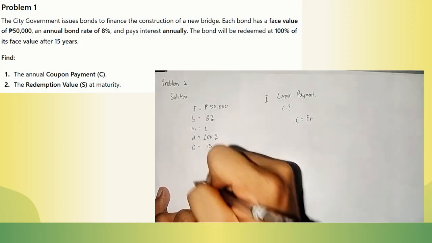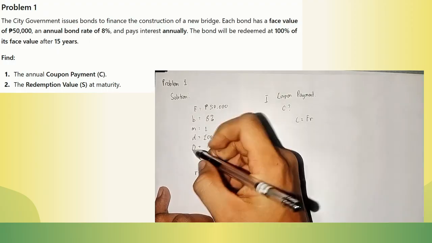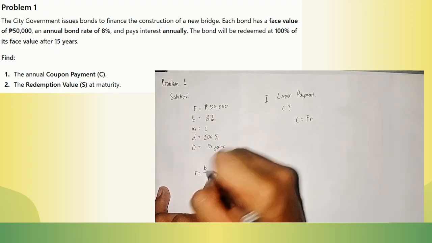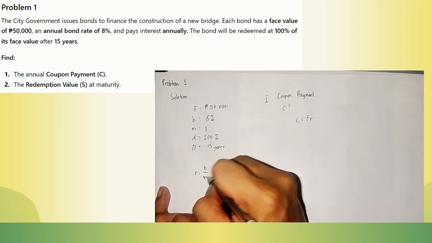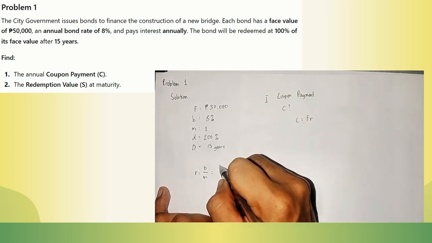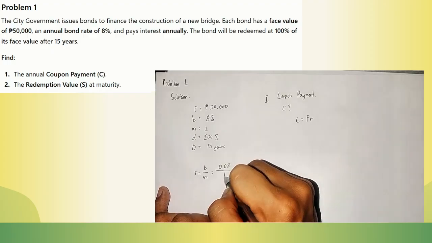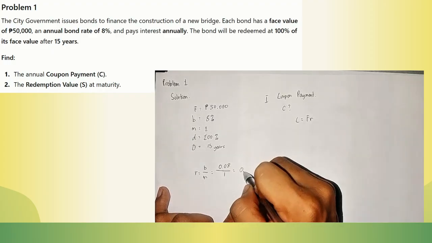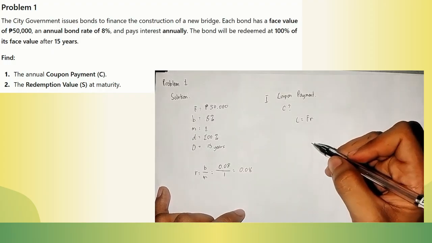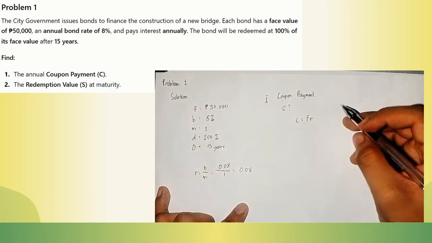We can solve our R with the formula R is equals to B over M. Since we have 8%, 8% is 0.08 over 1. Basically, it is 0.08 or 8%. So this is now the value of our R.